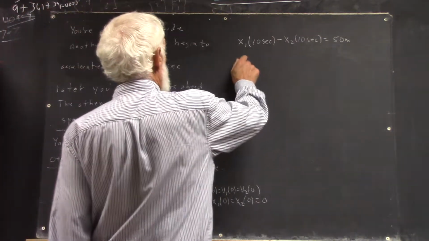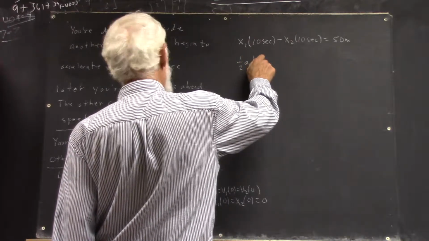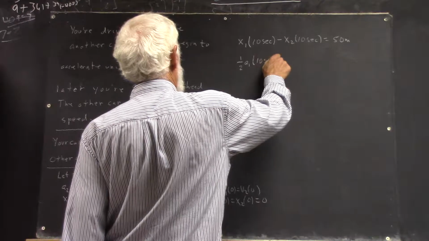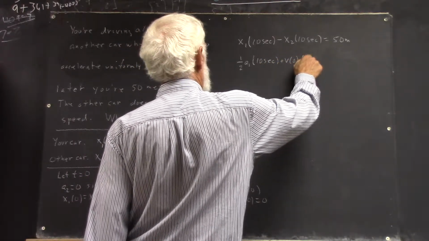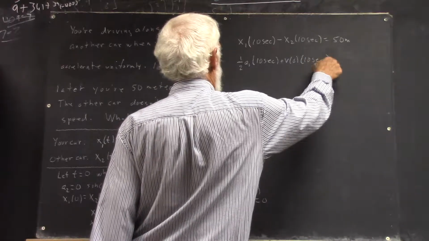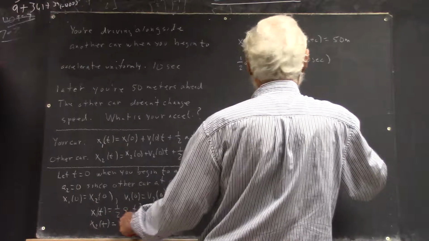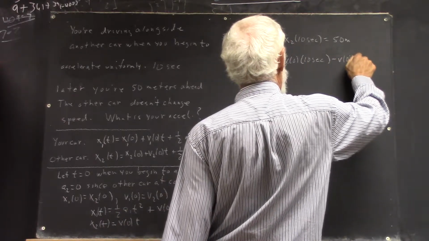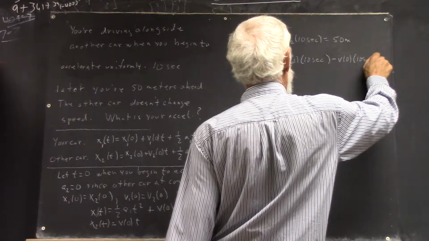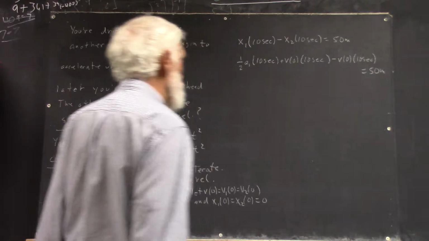You have 1/2 a1 times 10 seconds squared plus v of 0 times 10 seconds, minus x2 of t, which is v of 0 times t, so that'd be v of 0 times 10 seconds, equals 50 meters.